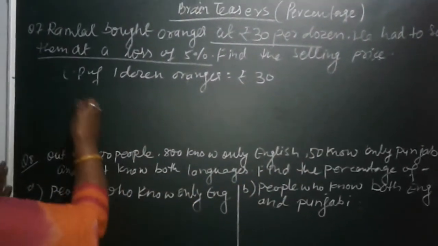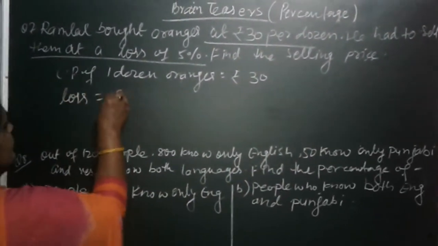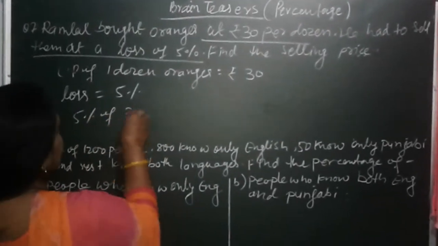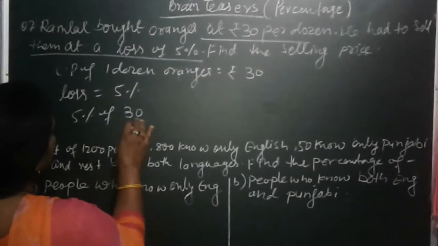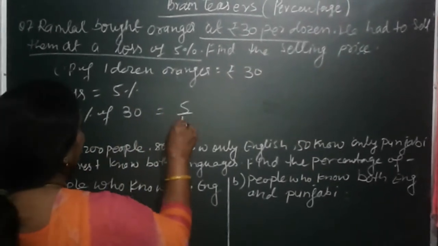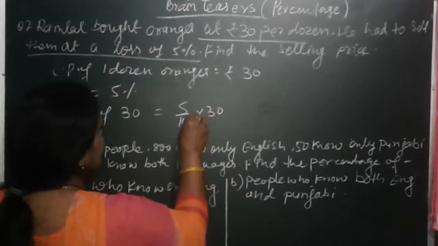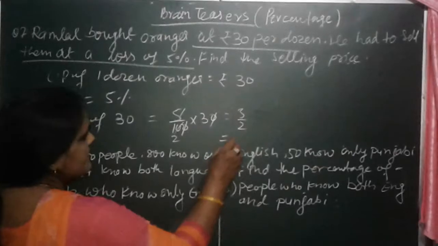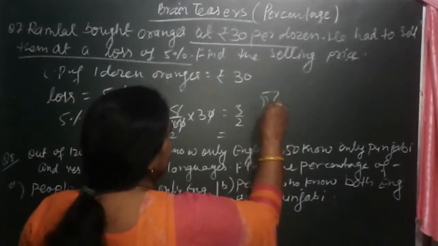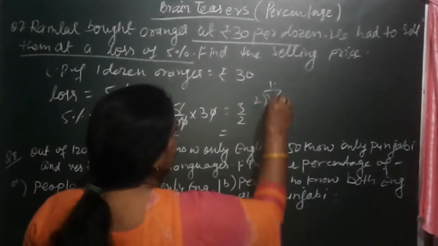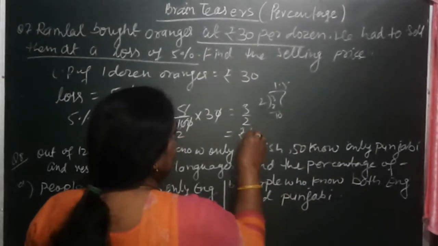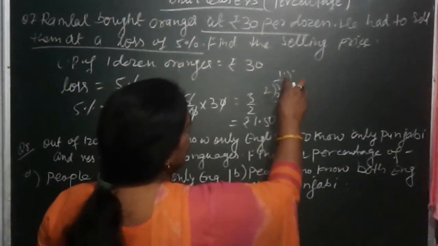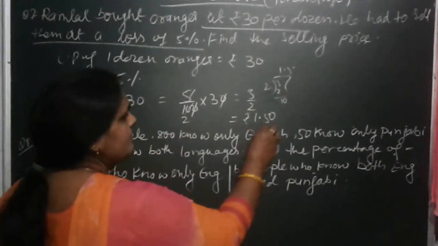And at how much does he sell? Loss is equal to 5%, meaning 5% of rupees 30. 5% of rupees 30 means 5 by 100 into 30. The zeros cancel and 5 2s are 10, is equal to 3 by 2, which is 1.5, meaning rupees 1 and 50 paise.